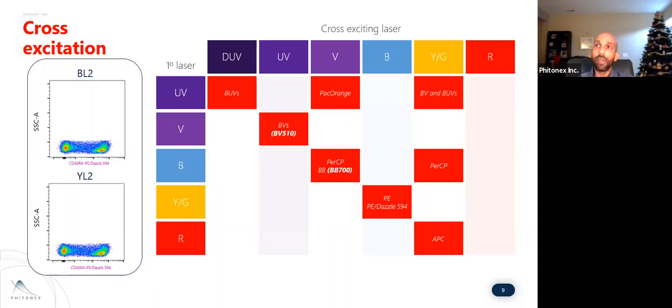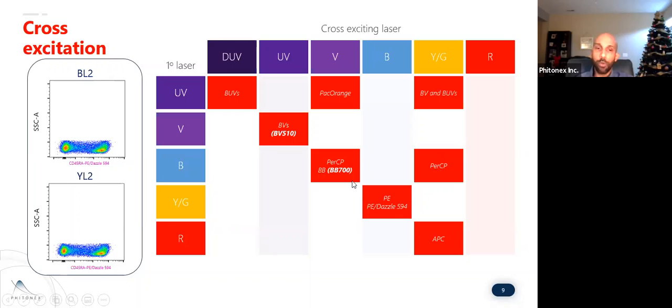And that's simply whenever a fluor is excited by multiple lasers. So for example, with PE and PE Dazzle, we know that their primary excitation is going to be the yellow-green laser. However, they're also strongly excited by the blue laser. Similar problems with PerCP. So we're going to have excitation on the blue laser and the yellow-green, as well as the violet laser.